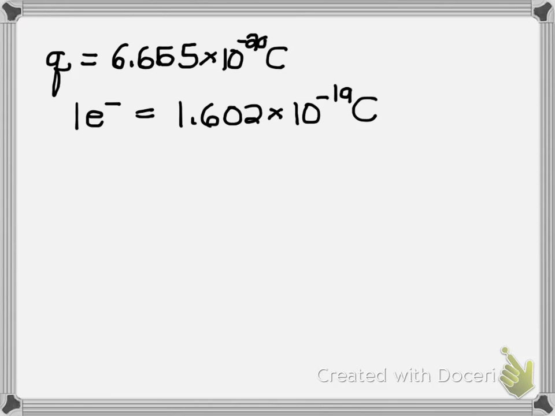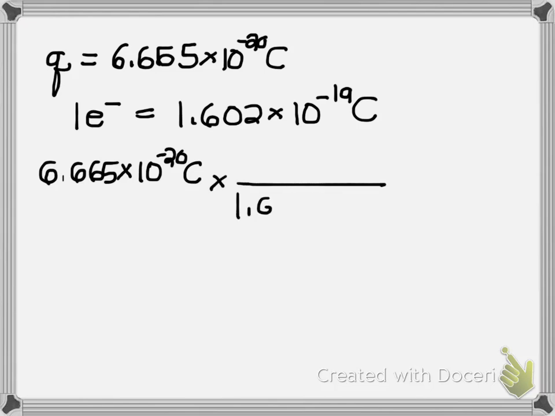This is a relationship that I looked up in the book, just like the Debye to coulomb meters conversion, not something I have to memorize, just something I looked up. So now I'm going to convert. I take the answer that I had calculated previously, and I will put the coulomb on the bottom so that it cancels.